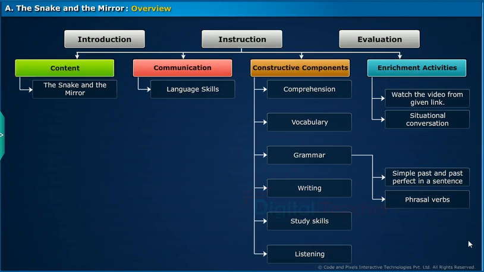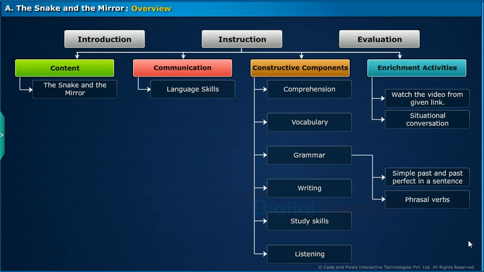All the activities pertaining to the 4 skills of language and their assessment are covered under the sections Communication and the Constructive Components. The enrichment activities are meant to widen the scope of the student's thinking and learning, thereby making him or her a global citizen.